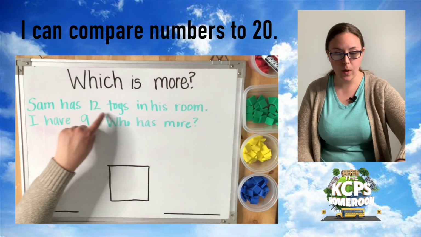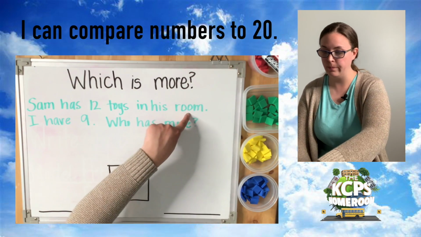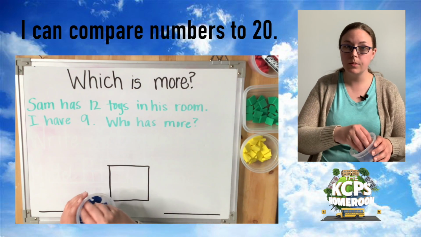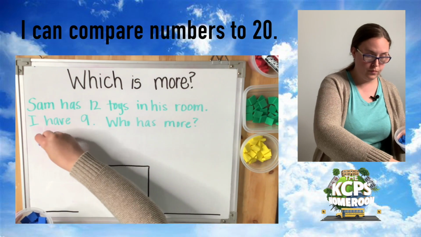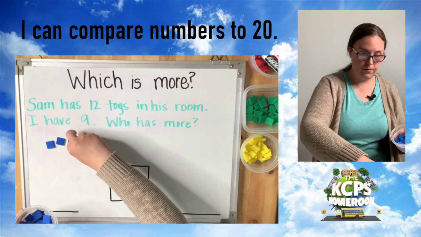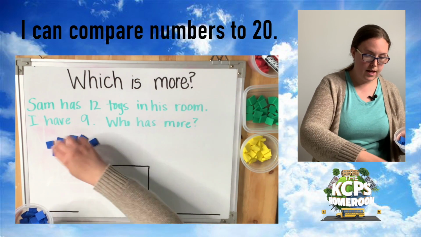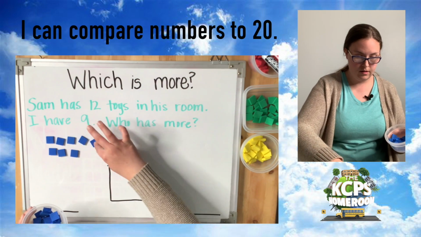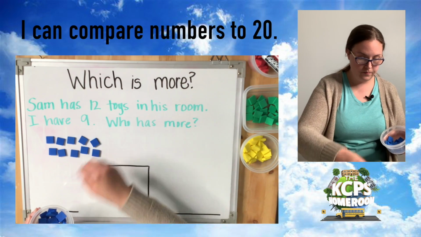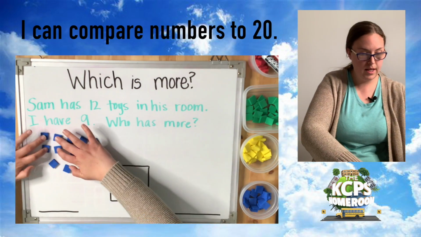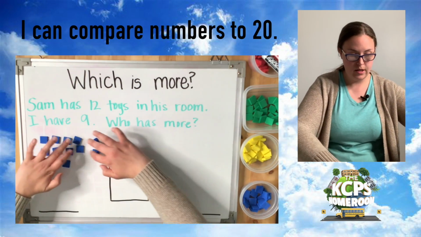Sam has 12 toys in his room. So I'm going to take my blue counters to model Sam's toys, and I'm going to count out 12. 1, 2, 3, 4, 5, 6, 7, 8, 9, 10, 11, 12. Perfect. So Sam has 12 toys.